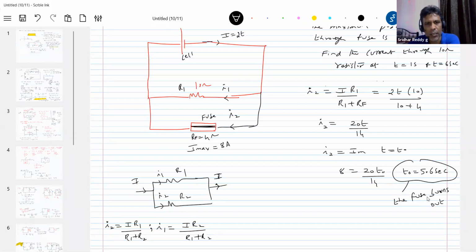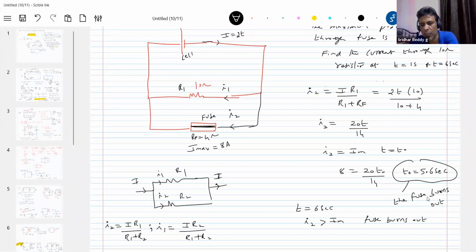An open circuit, and all the current will flow through only the 10 ohm. So at t equal to 6 seconds, I2 will be greater than Im and the fuse burns out.